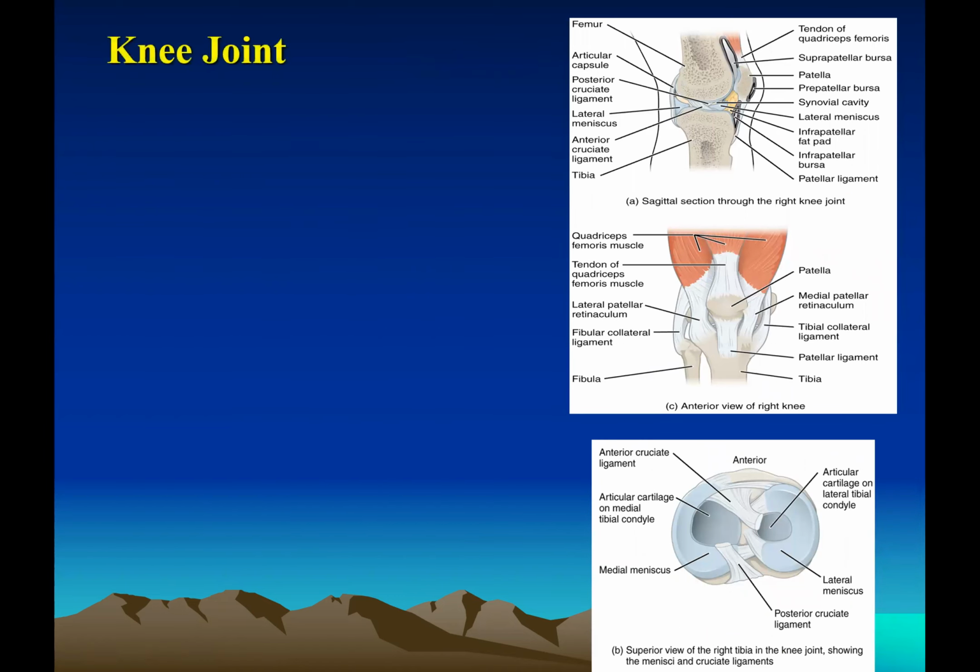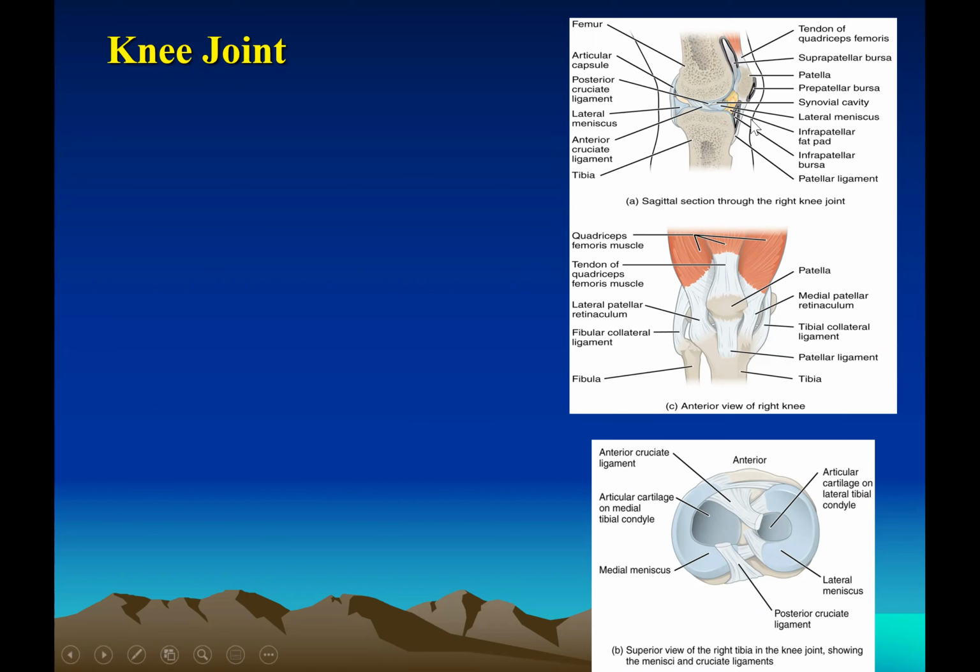The next joint is a knee joint. It's a very large joint. Both your hip joint and knee joint are weight bearing. So the knee joint is going to transfer the weight from the femur to the tibia. The main ligaments in the knee joint connect the femur with both the tibia and fibula and also the patella.